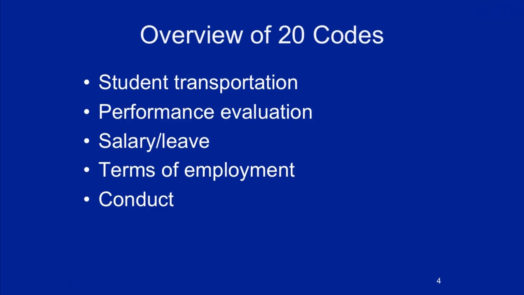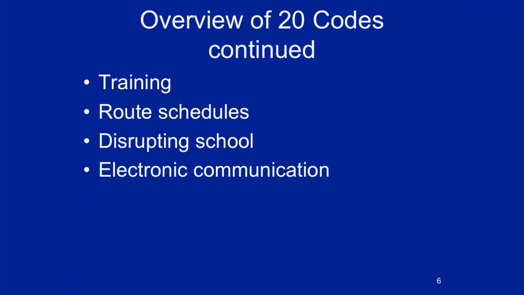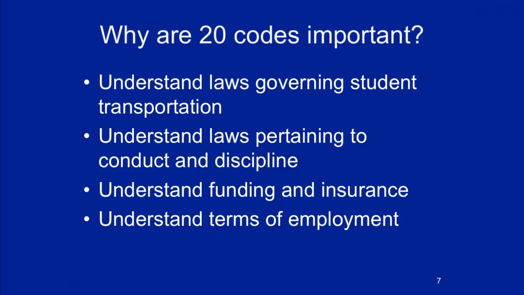So, among the things we're going to be talking about when we talk about the 20 codes will be student transportation. We're going to talk about performance evaluation, salary and leave, terms of employment, and conduct. Continuing on, we're going to talk about bullying, discipline, funding of all things relating to schools that's in that code, but of course specifically we're going to be more interested in school bus purchases and those types of things, insurance, drug testing, training, route scheduling, the disrupting of schools, and electronic communications.